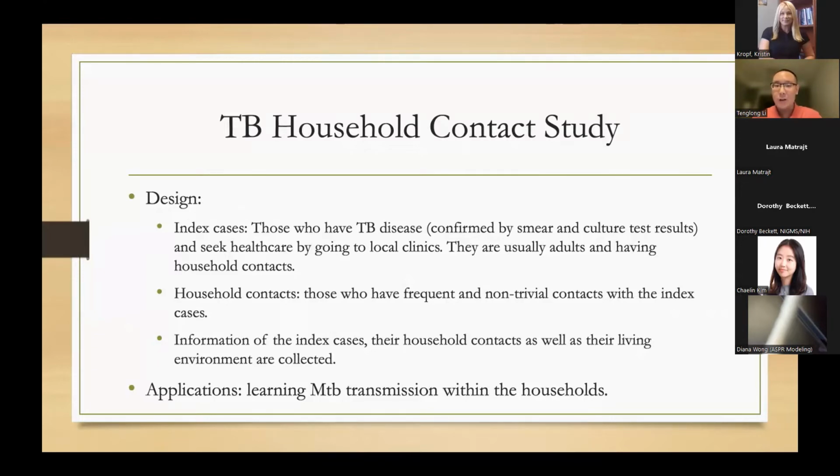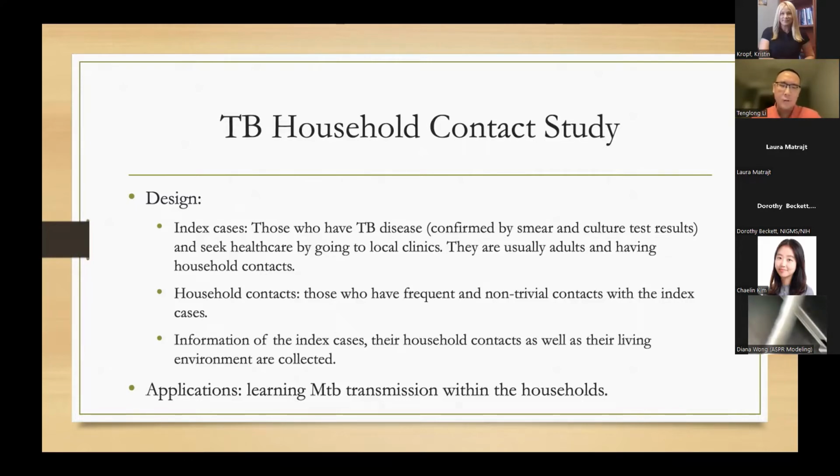They're usually adults having usually more than 2 or 3 household contacts, in order to establish plausible household transmission sources, and then the study follows up with household contacts, those who have frequent and non-trivial contact with the index case, so we know there's really household transmission ongoing.